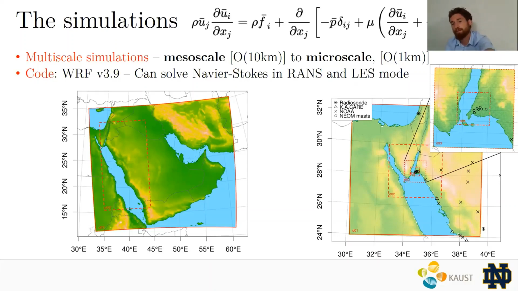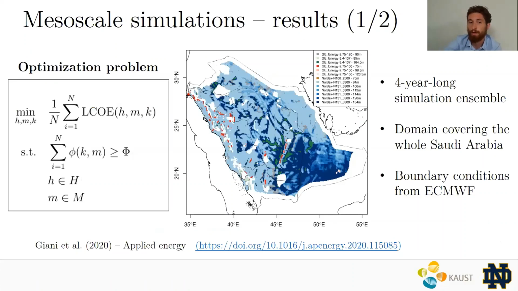We also ran some microscale simulations, and I'm going to talk about them at the end of the presentation, since this is the future development that we are now going through.